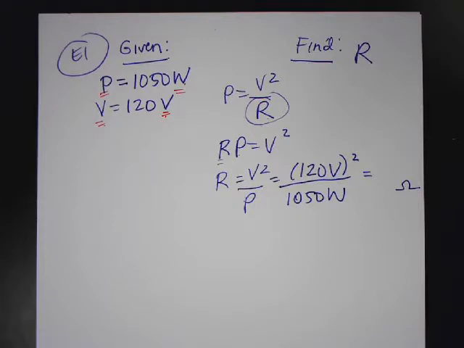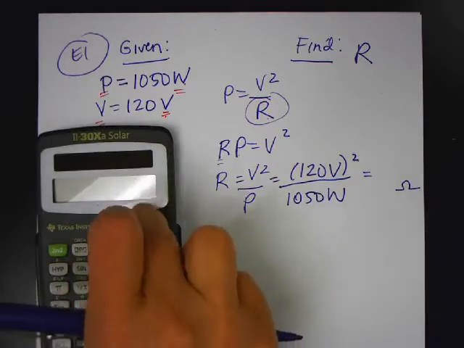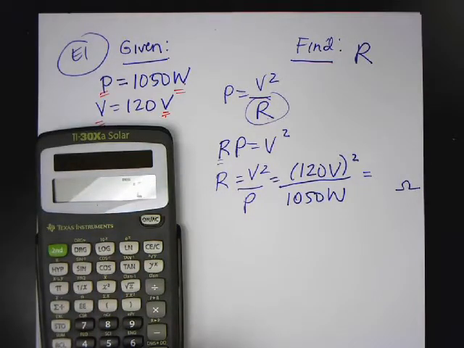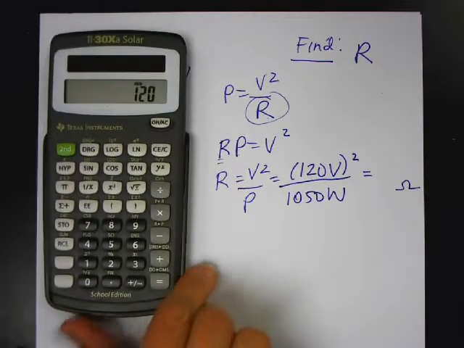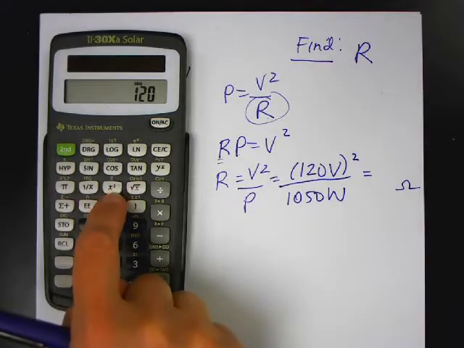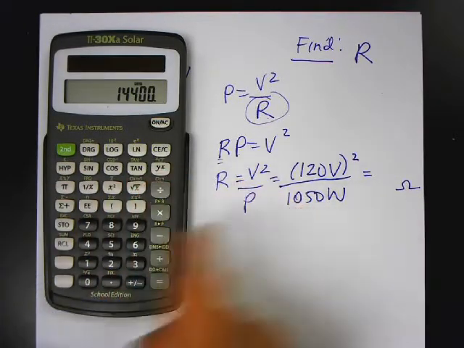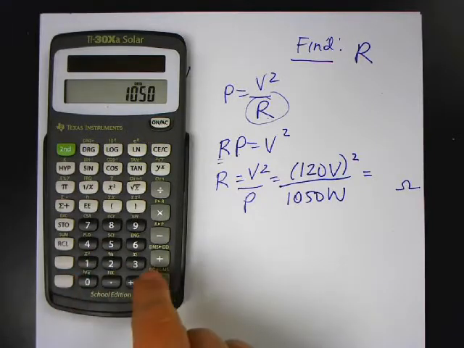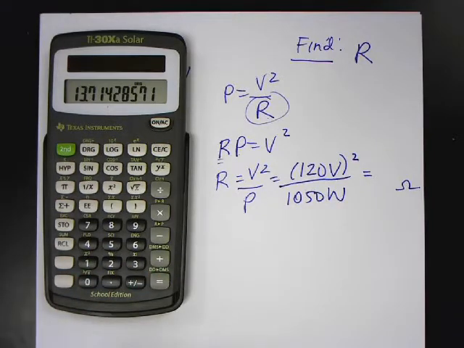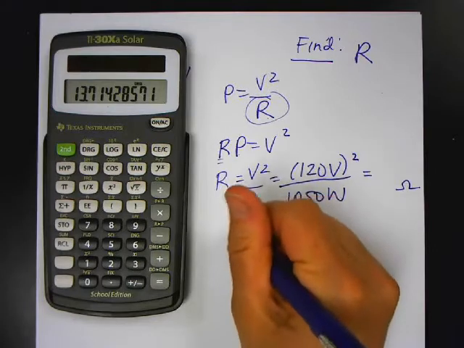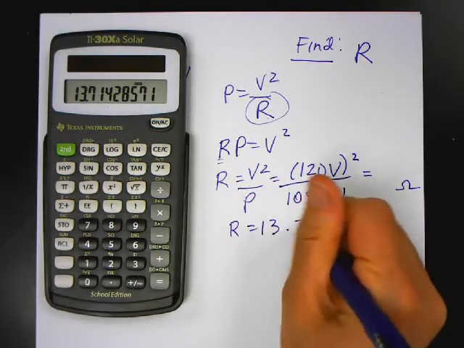Okay? So now when I do this on my calculator, 120, see how there's a squared button? Divided by 1050 equals, and it comes out to be 13.7.